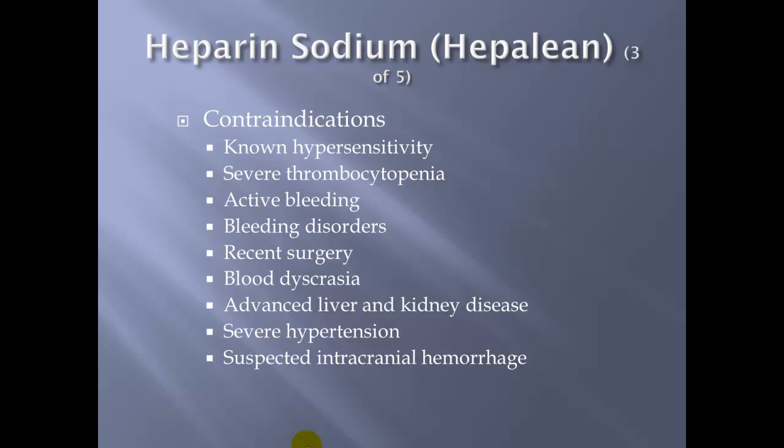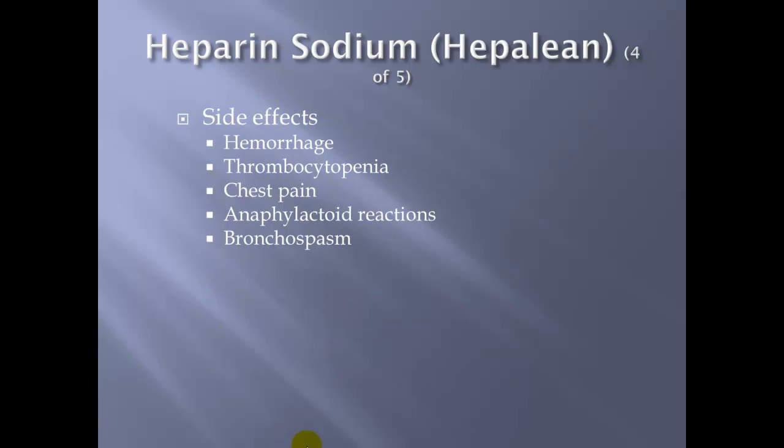Advanced liver and kidney disease, severe hypertension, suspected intracranial hemorrhage. Any of those are going to be a contraindication. Side effects: hemorrhage, thrombocytopenia, low platelets, chest pain, anaphylactoid reactions, and then bronchospasm.